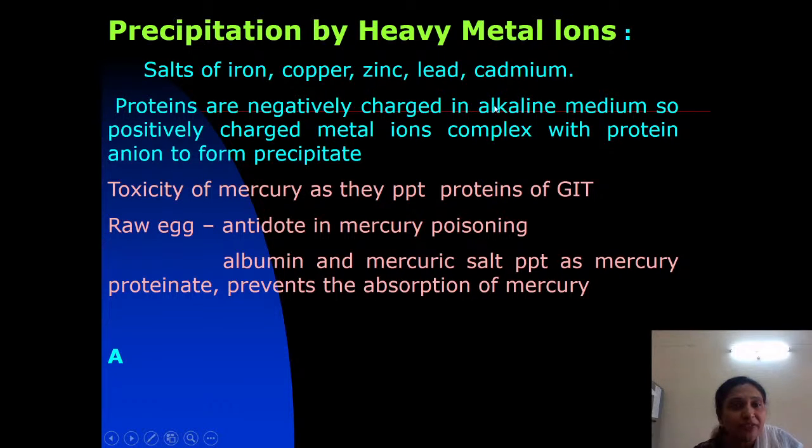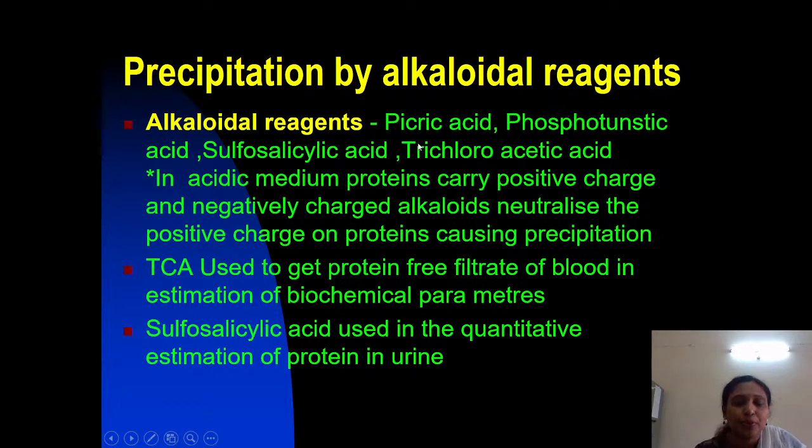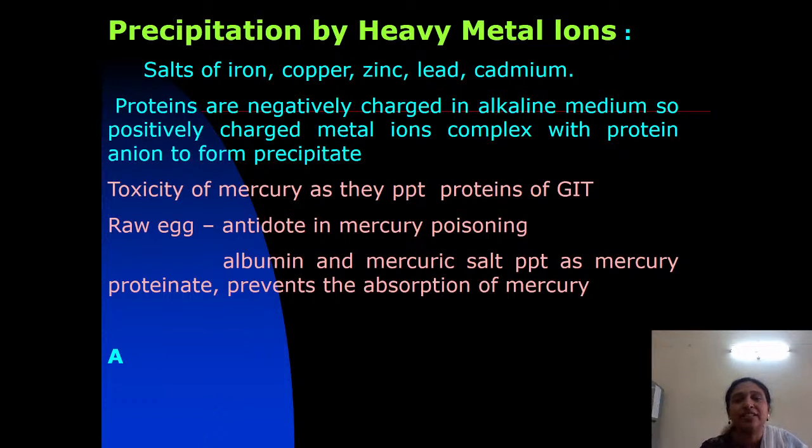Under alkaline medium we know that proteins are negatively charged, so the positively charged metal ions complex with the negatively charged proteins, and that results in the formation of precipitation.